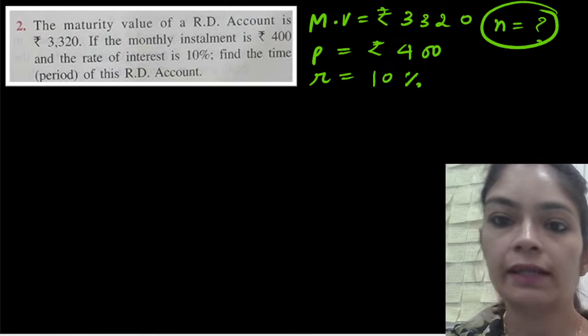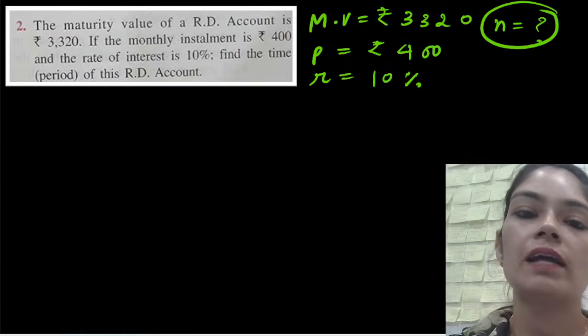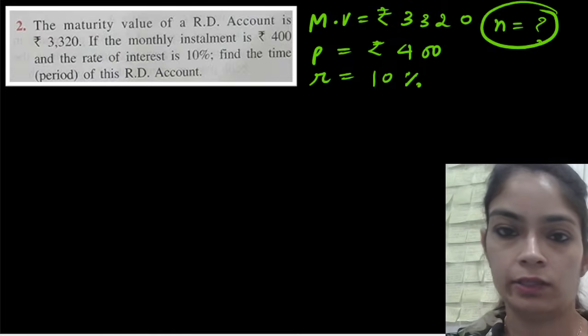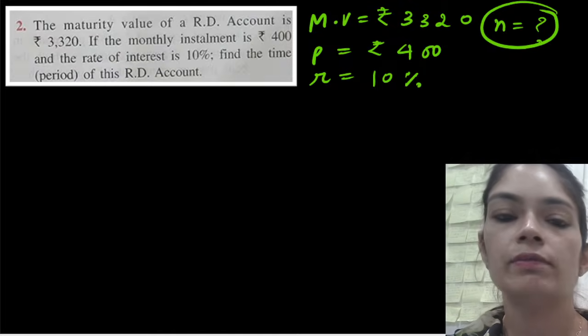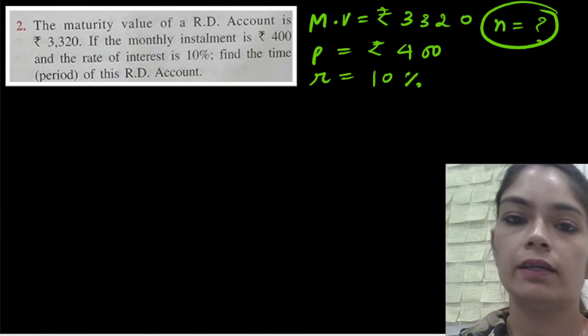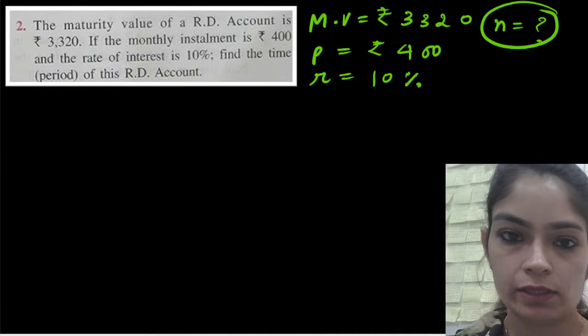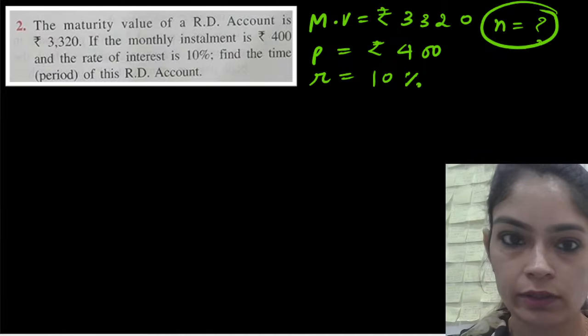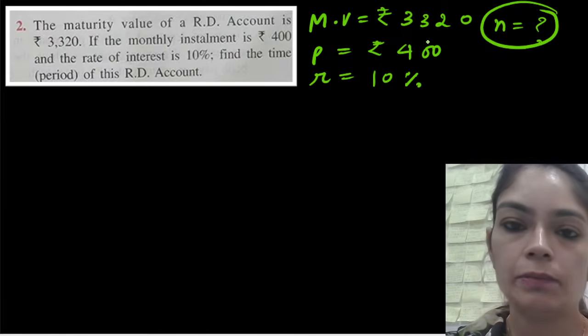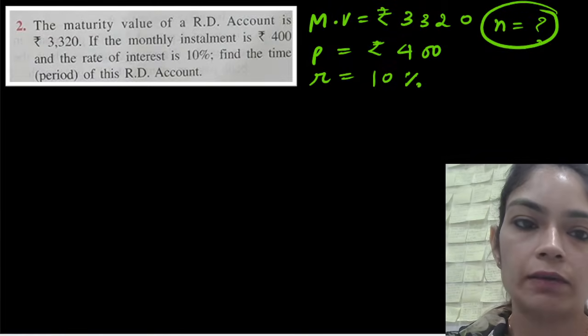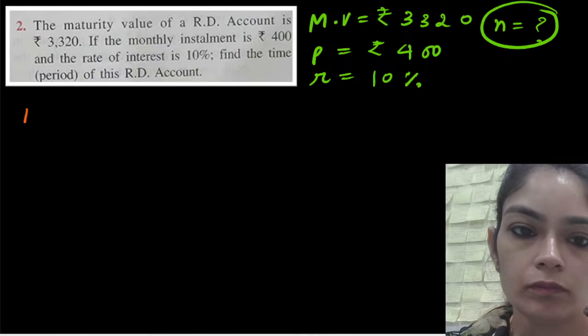See, before starting this question, I'll tell you whenever we have to find N in these questions, we will be solving quadratic equations because the given expression will change to a quadratic equation, right? So let's start this question. Since MV is given to us, we have to make use of MV's formula.